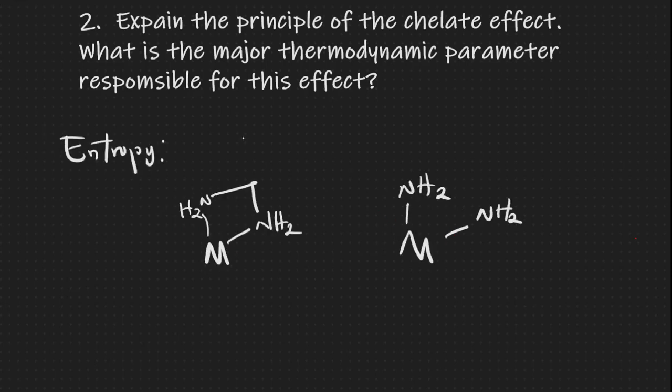Okay, as we said, the second thermodynamic parameter responsible for this chelate effect is entropy. And I'm going to use the same example I used in enthalpy. Now, in terms of entropy, which deals with the distribution of energy within a system, it is generally thought that bringing two molecules, so can you see this is ethylene diamine, that's one molecule, plus this metal, that's two, will cost less energy compared to bringing three molecules.